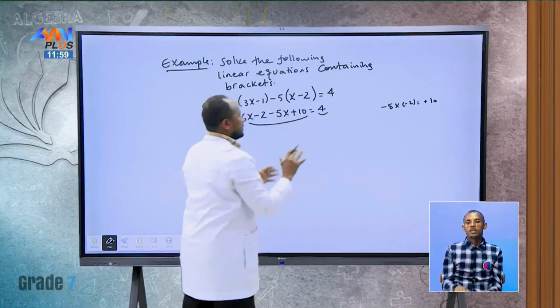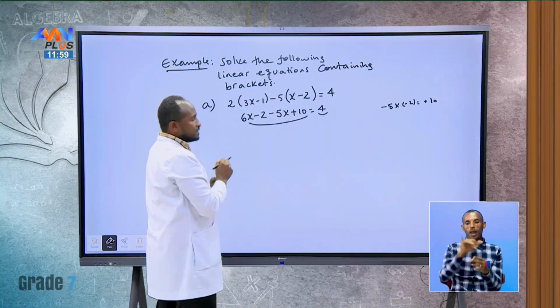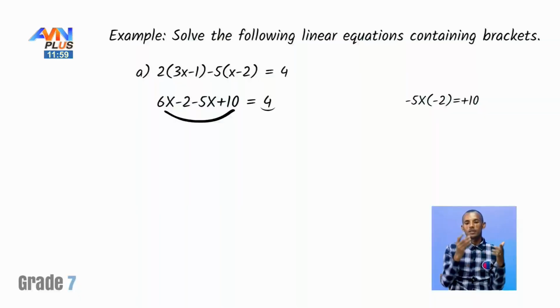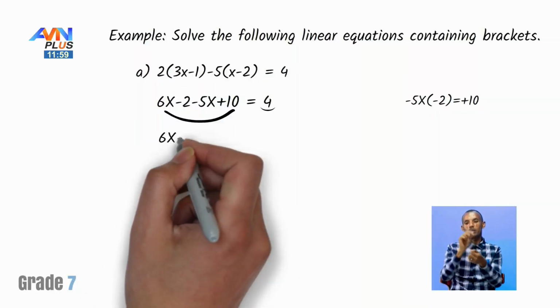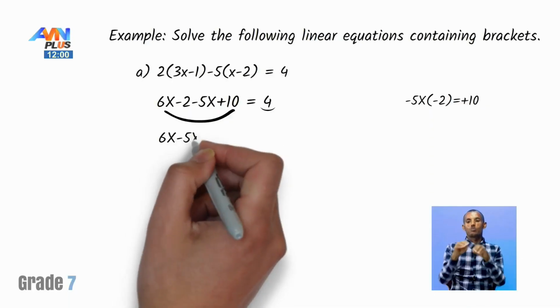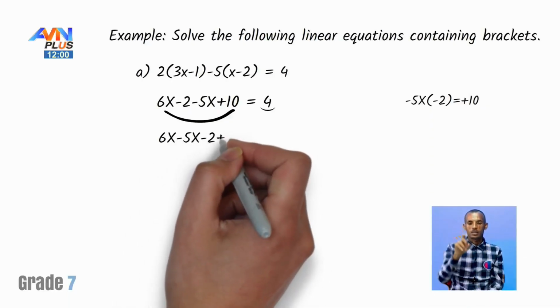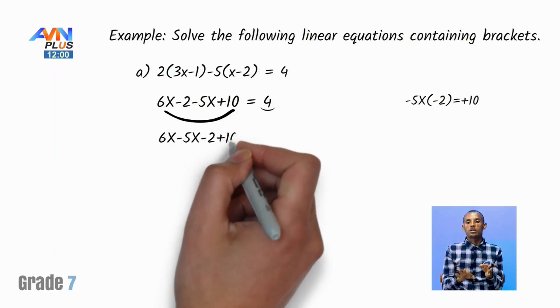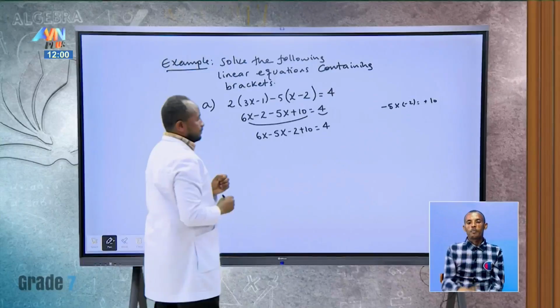The right side contains only 4. So let's collect the like terms on this side. 6x, no need of changing the sign because we are not moving from the other side. Therefore here, 6x minus 5x, let's put -2 here, and let's put 10 as it is, equal to 4.